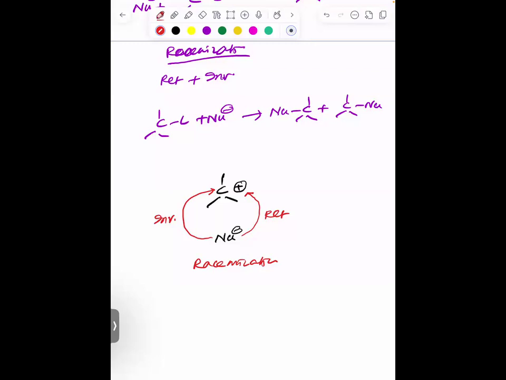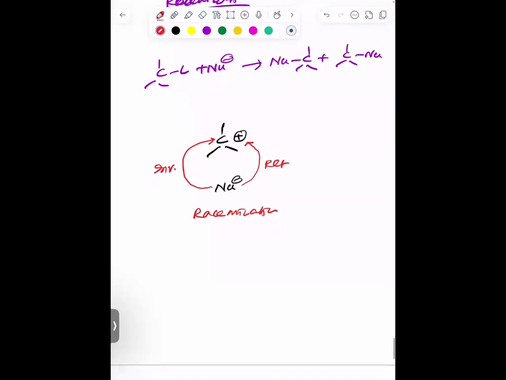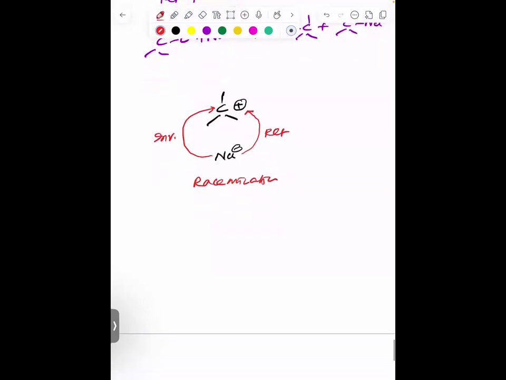Will it be equal or different? That is the question. So write: in this case, more inversion of configuration than the retention. Why will there be more inversion? Sometimes in competitive exams, the option given is racemization plus inversion.